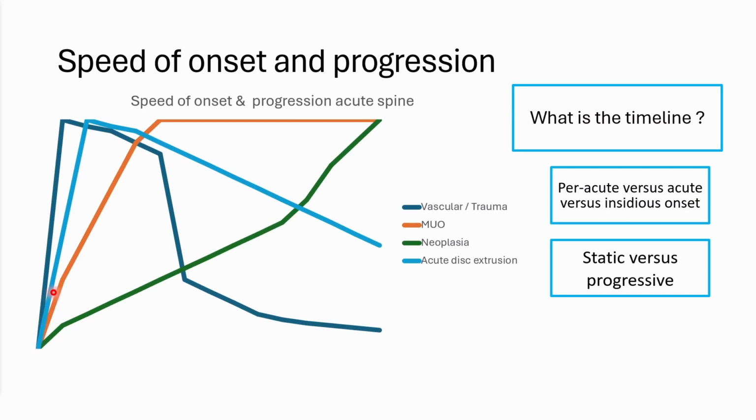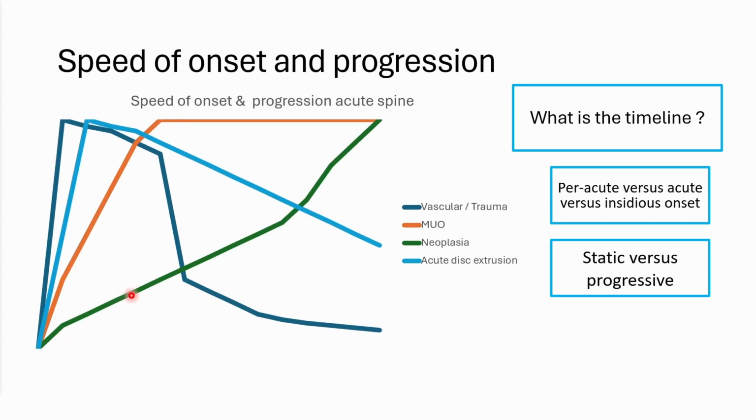By contrast, a meningoencephalomyelitis of unknown origin, which is what that MUO stands for, is typically progressive over a short course, usually days to weeks, becoming more and more severe. Whereas neoplasia often has an insidious onset and is progressive over a more chronic course.